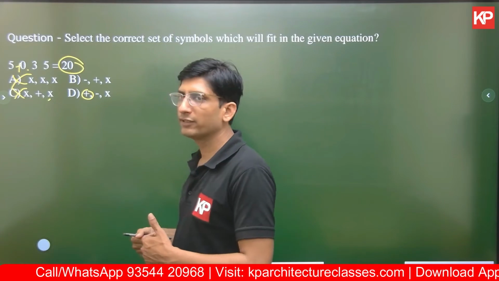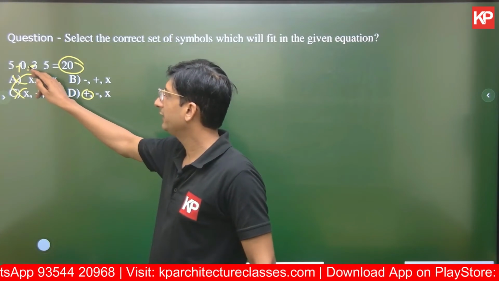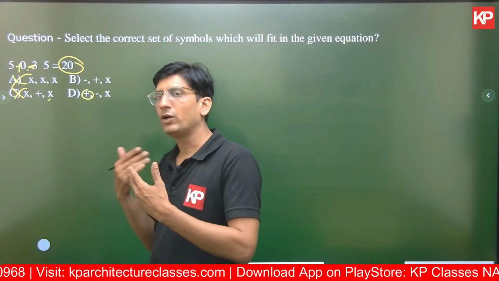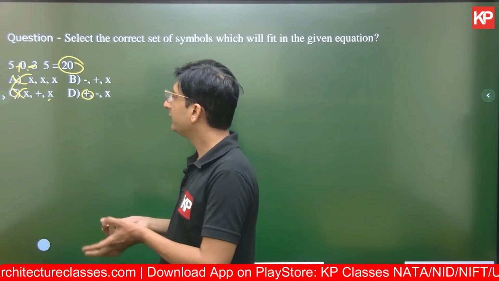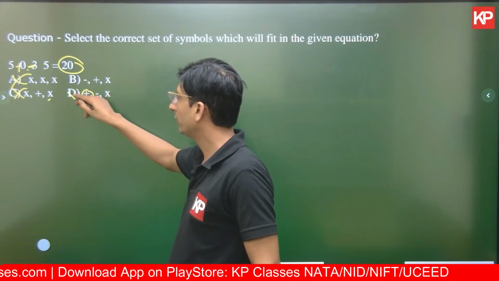Then you are subtracting 3, 5 minus 3 becomes 2. 2 multiplied by 5, or added to 5, or divided by 5, any process, you are not going to get 20. So this is also a wrong answer.